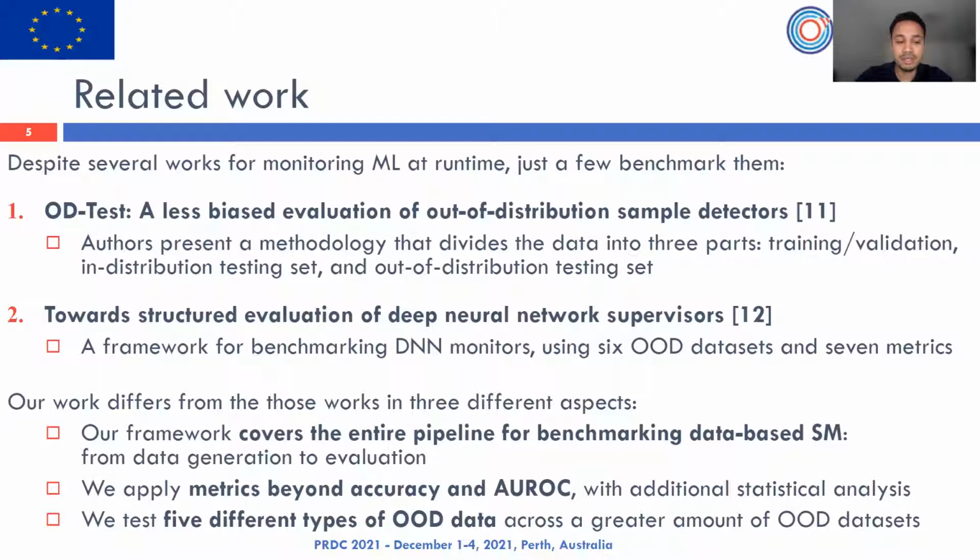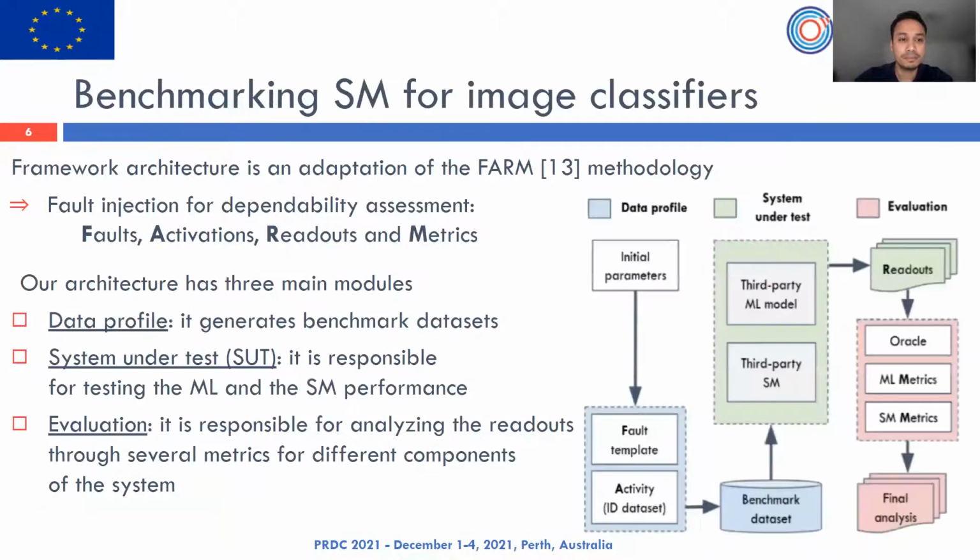The second is that we apply metrics beyond the traditional accuracy and other kinds of curves based on false positives and false negatives, and we also apply a statistical analysis. And we test 5 different types of OOD data. And the number of data sets that we apply in the benchmark is quite a bit bigger than in the other related works.